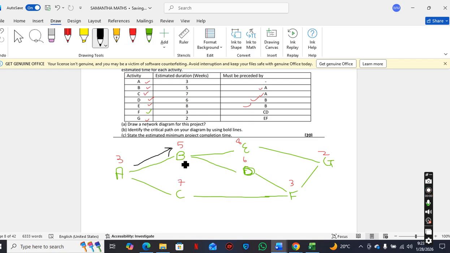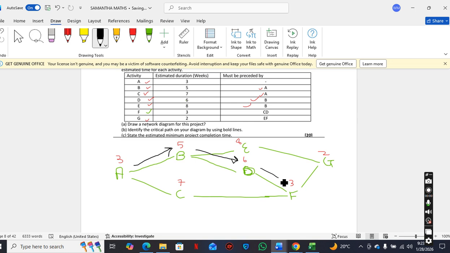Then from point B, we either go to point E or we go to point D. We see between the two which one is going to take a shorter time. It's D. So we go to D. Then from D, there's only one option.